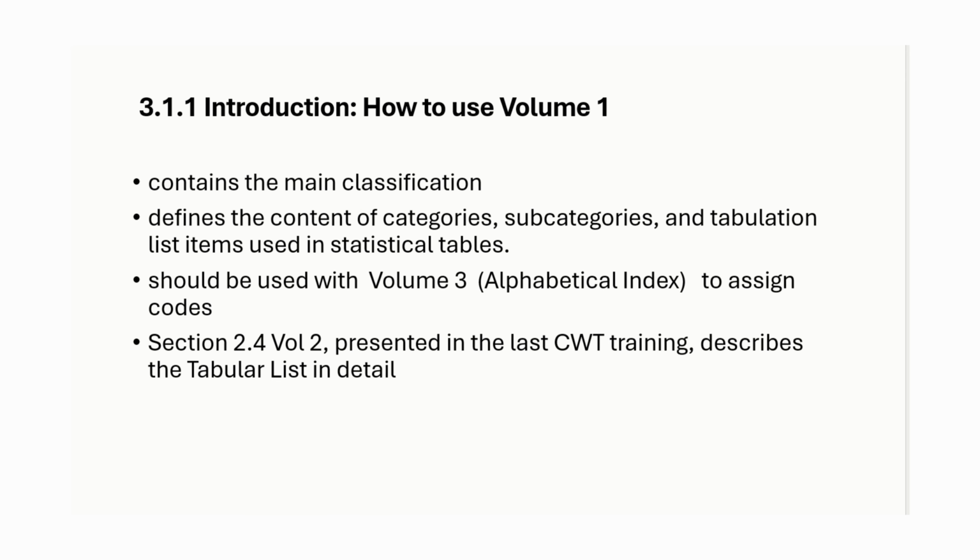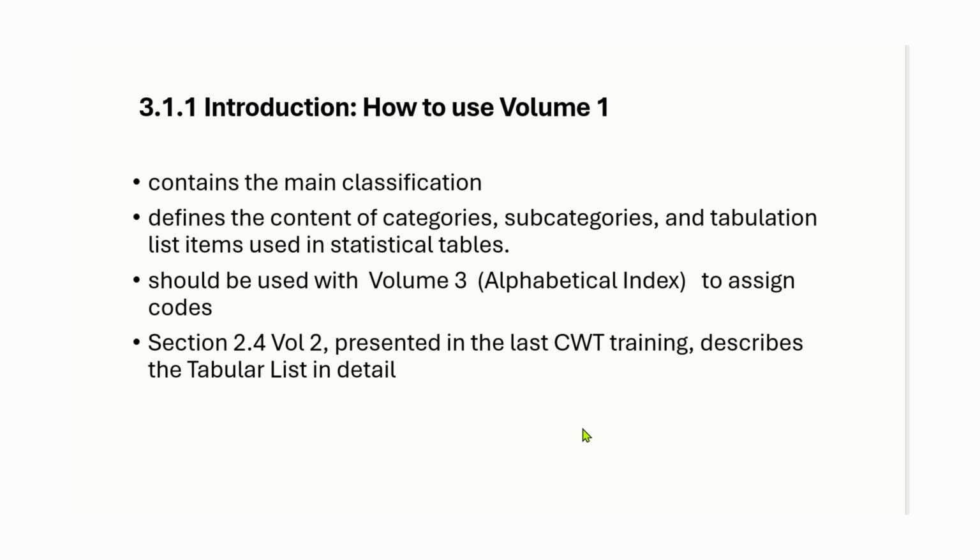Let's start with volume 1, which contains the main classifications. In this volume 1, it defines the content, categories, subcategories, and tabulation lists, items used in statistical tables. It should always be used with volume 3, that is the alphabetical index.